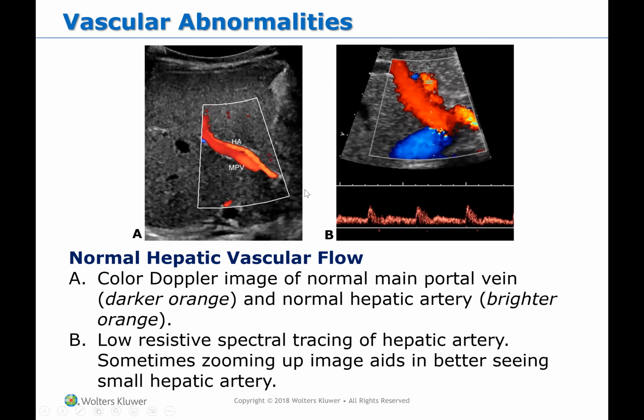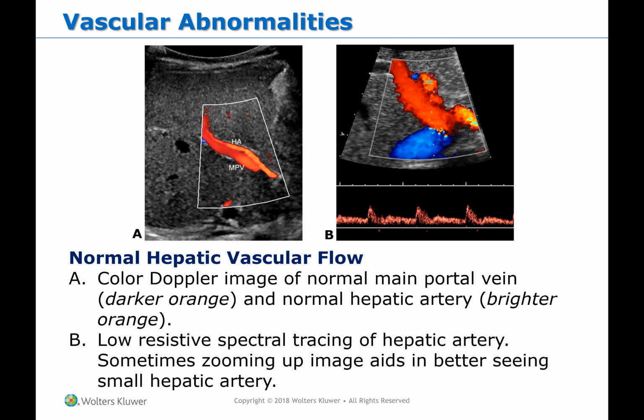Okay, so let's look at normal flow here. So the red is towards when you're scanning. And as you're starting to scan the liver, I want you to practice seeing if you can see the blood flow on your classmates going towards the liver. This is called hepatopetal flow.